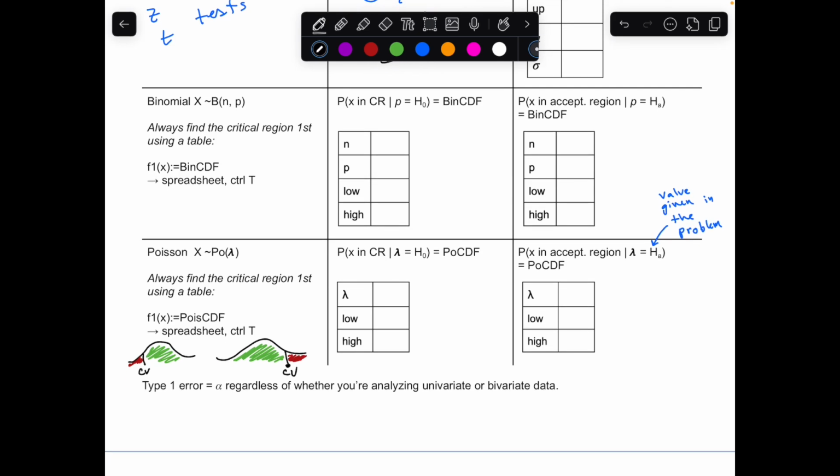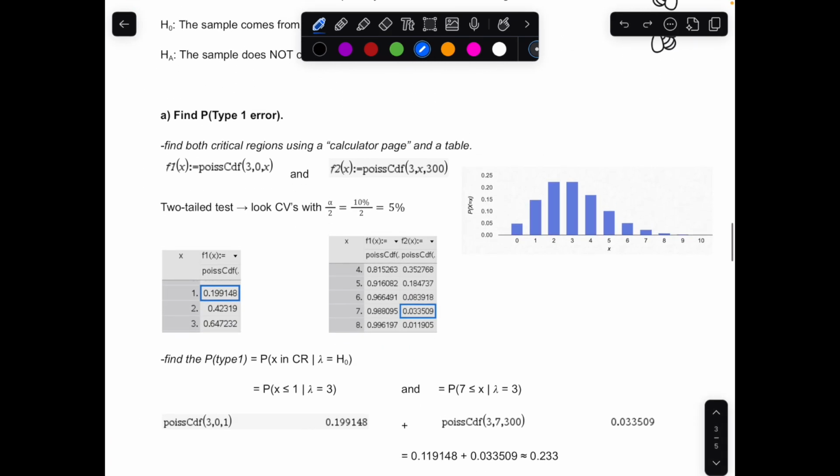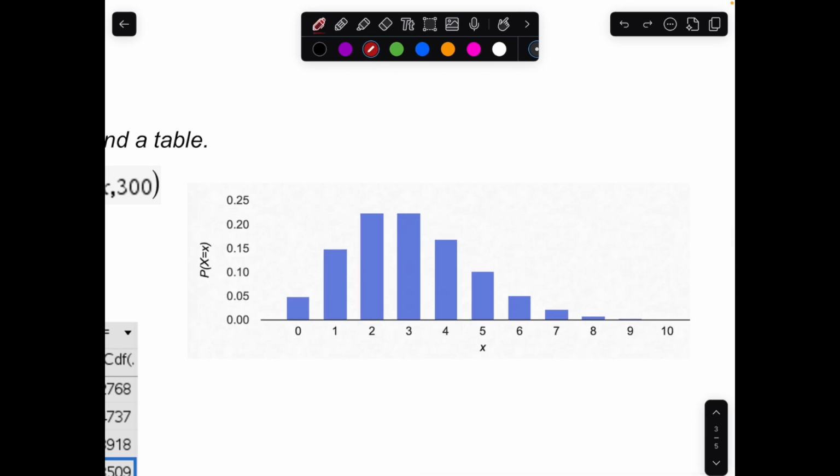Your probability of a type 1 error is still equal to the probability your sample fell into the critical region, given that your H null is true. But for Poisson and binomial, because they are discrete distributions, let's say you're doing a lower tail test, your alpha of, let's say 5%, may not fall perfectly on a particular outcome.